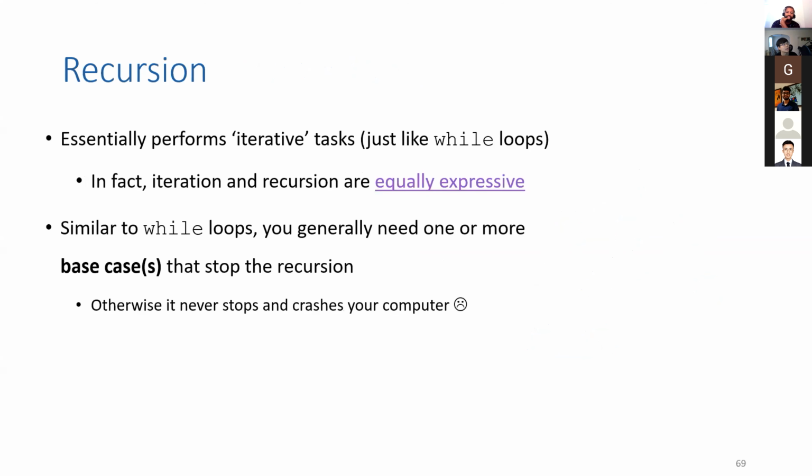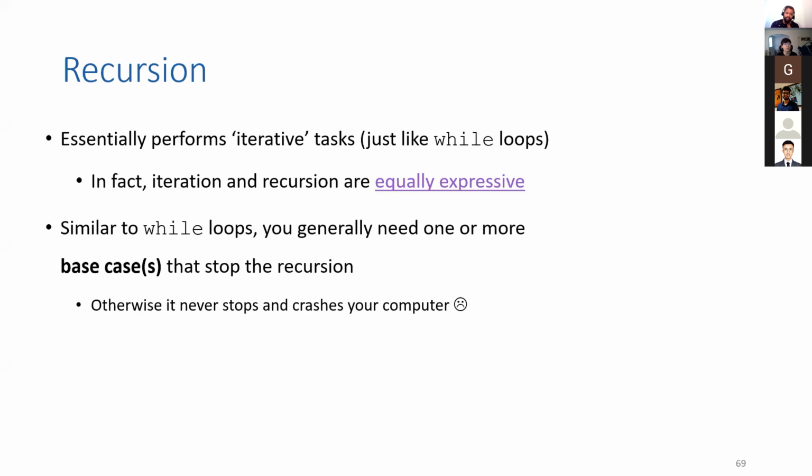In effect, this performs iterative tasks. In the same sense that a for loop will repeat instructions, when you go into a deeper recursive level, you repeat the same set of instructions again, more or less. It's provable that iteration and recursion are equally expressive, in the sense that you can convert programs between both.